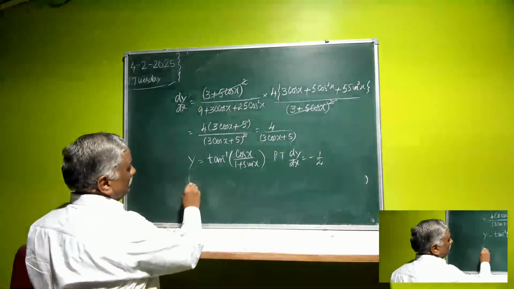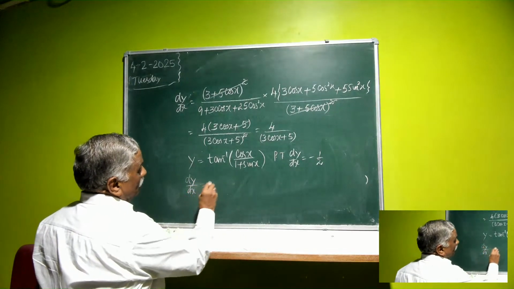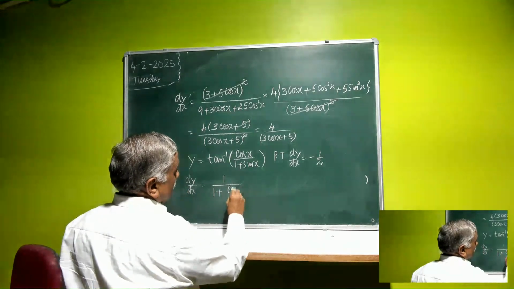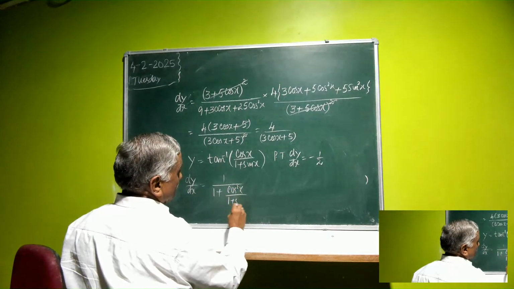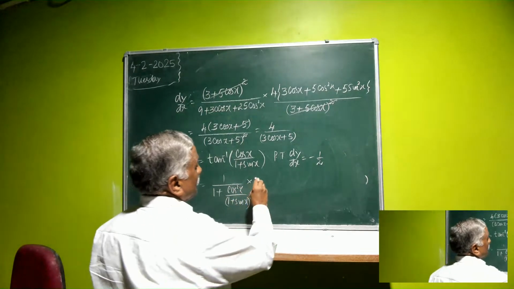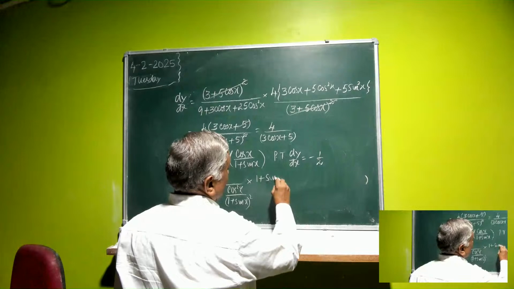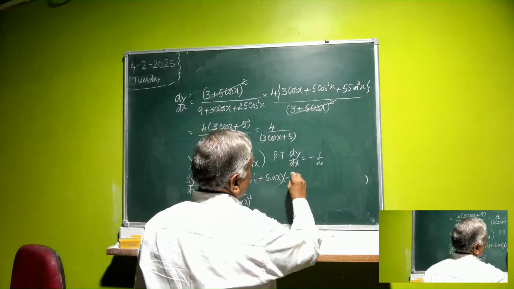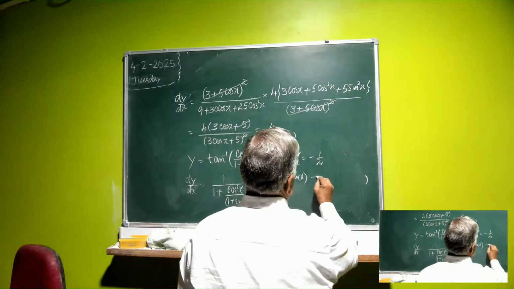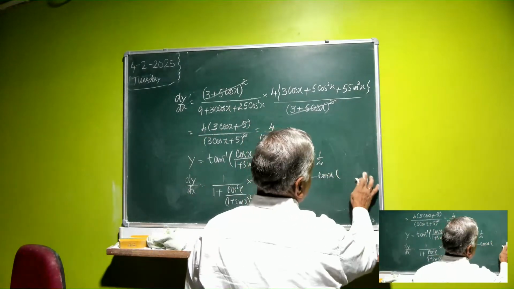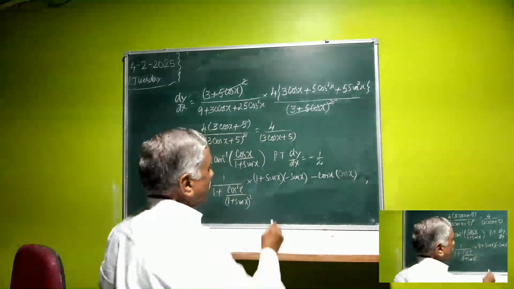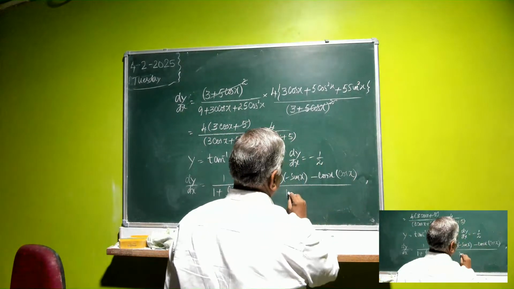First one is dy by dx is equal to 1 over 1 plus cos x over 1 plus sin x whole square, multiplied by 1 plus sin x into minus sin x, keep cos x as it is, you get 1 plus sin x minus cos x into cos x, divided by 1 plus sin x whole square.